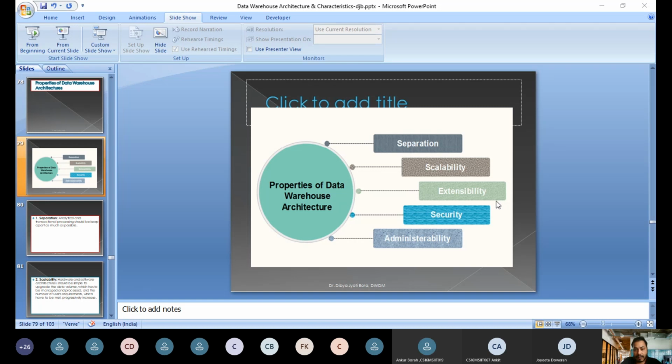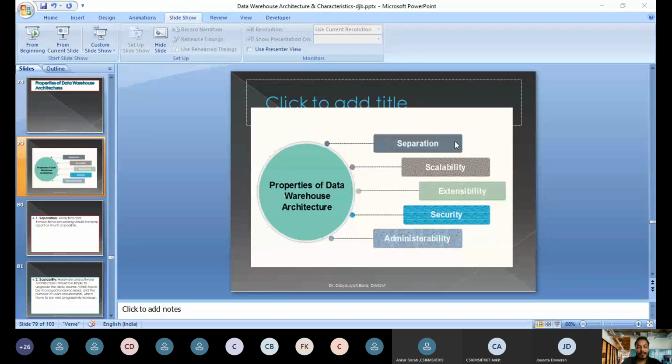Have you seen this diagram now? Is it visible? No, sir. What is the slide that is visible to you? Properties of data warehouse architecture.